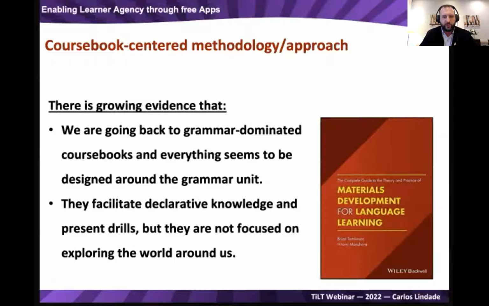Now, Brian Tomlinson, one of the leading experts in materials development, in his latest publication suggests that we're going back to a grammar-dominated coursebook, and everything seems to be designed around the grammar unit. Textbooks undoubtedly facilitate declarative knowledge and present countless opportunities for drilling, but they're not exactly focused on exploring the world around us, which is actually key in a learner agency framework.